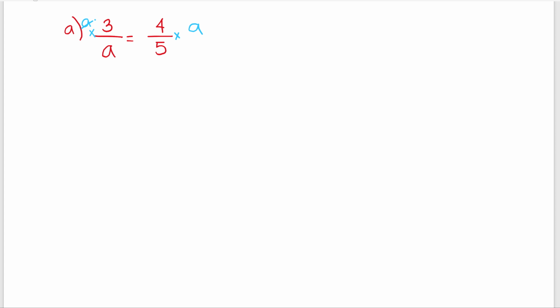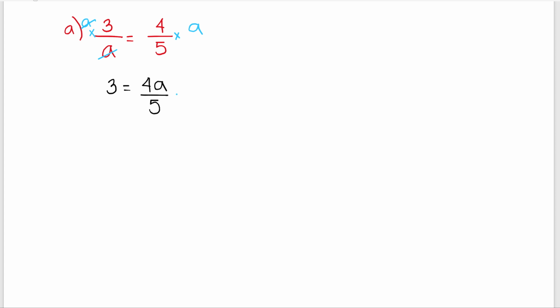When I do that, I cancel this up, and then 3 equals 4a divided by 5. And in this case, I can see that I have a fraction that is multiplying the pronumeral. So when I do that, how can I inverse that?